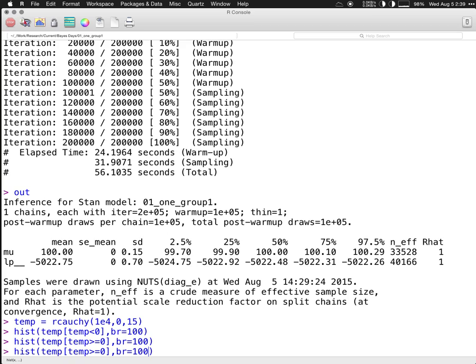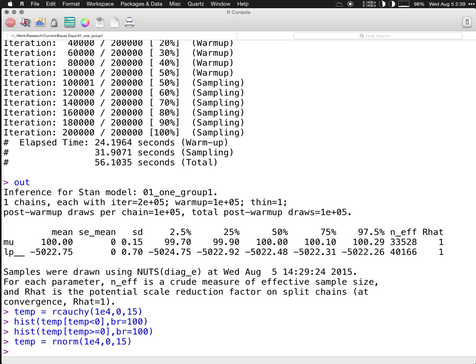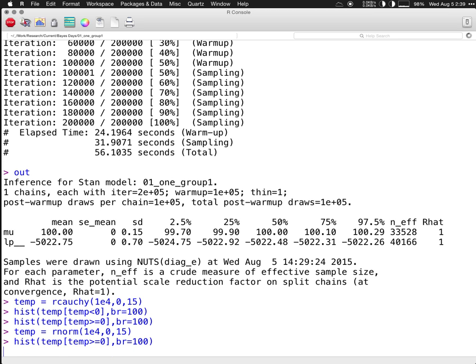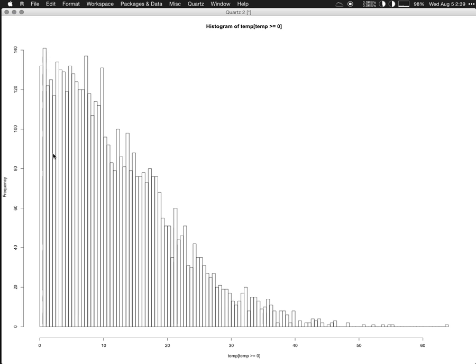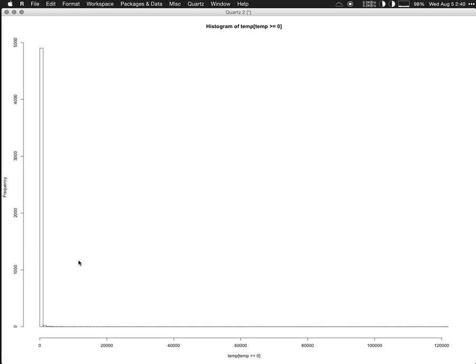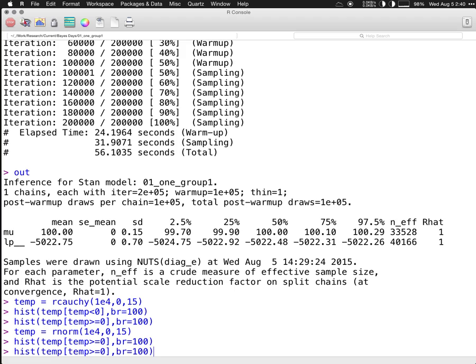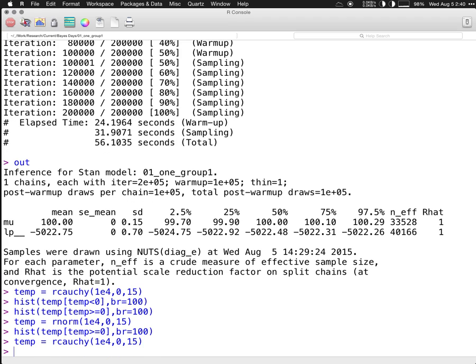Fatness of the tails. Yeah. With a normal distribution, the maximum value in a sample of 10,000 would be below 100. Let's look again at a sample from the Cauchy.